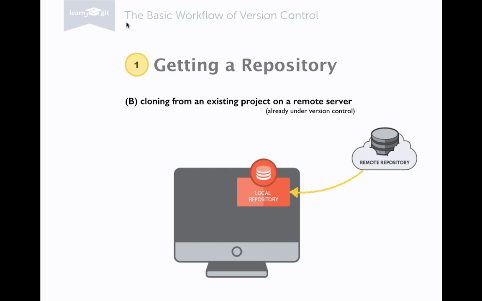So if a project has already started, chances are someone has already created a repository and placed it on a remote server. So you can clone, as we say in the Git world, you can download that remote repository and not only get that local repository on your machine, but also the working copy, the files that belong to the project on your machine.